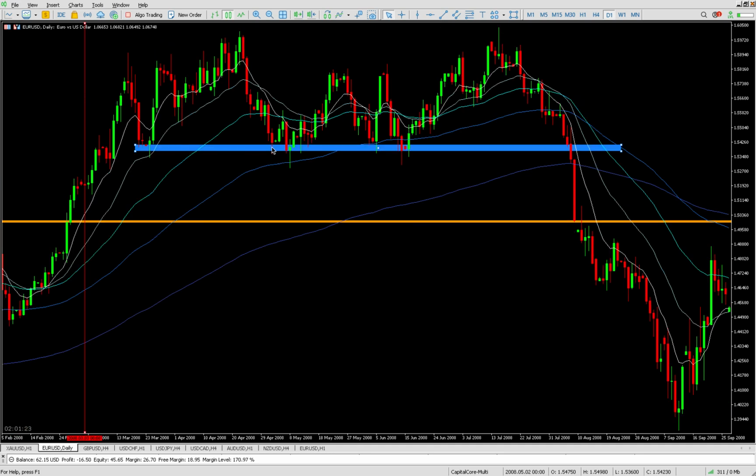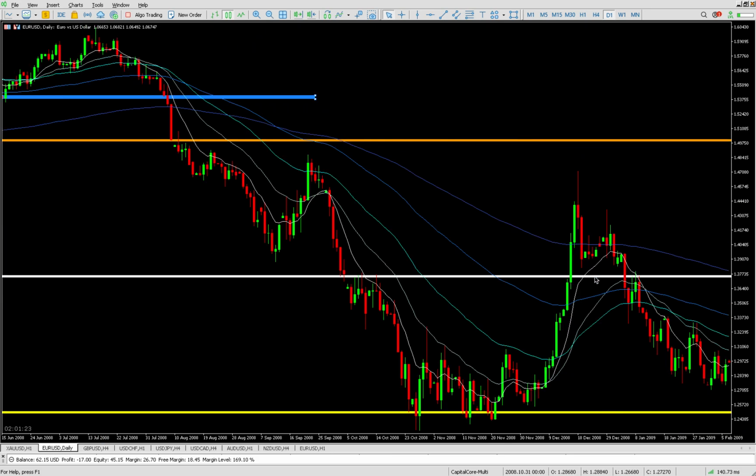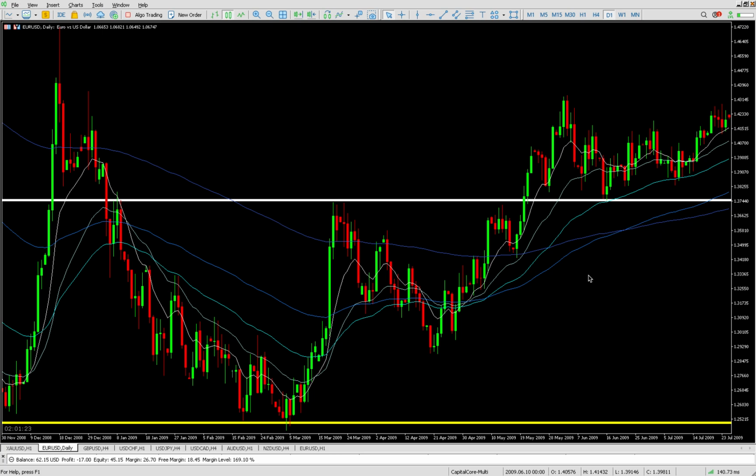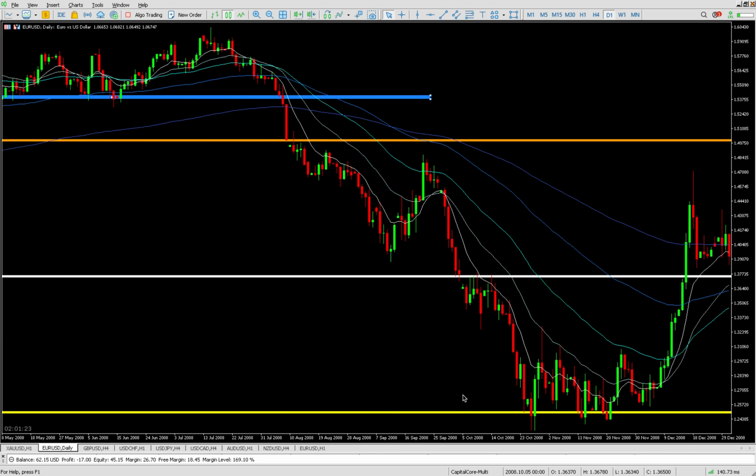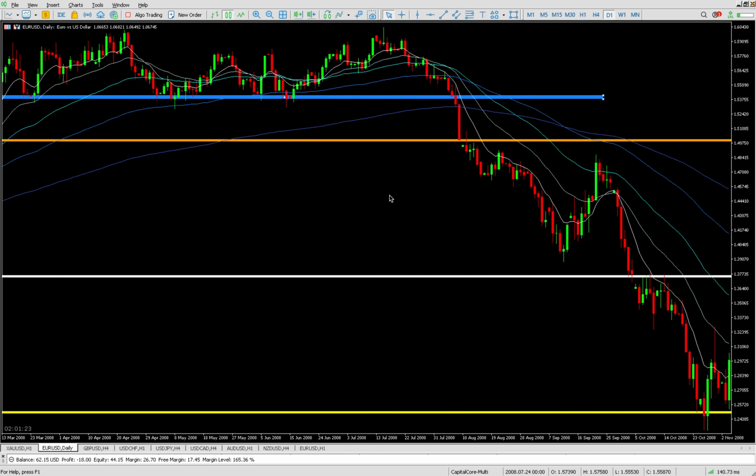We have this level of demand here, and once that was broken, it just took off, and that was it. It was just gone until it got down to the next major quarter level down there.